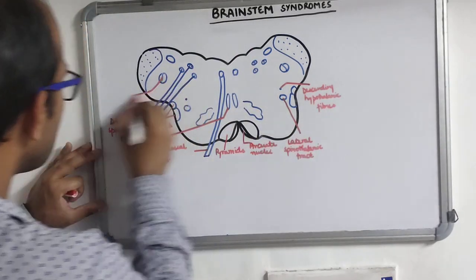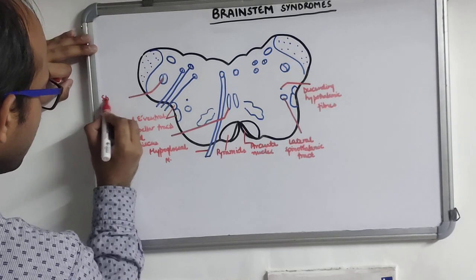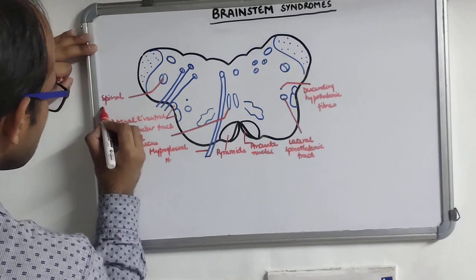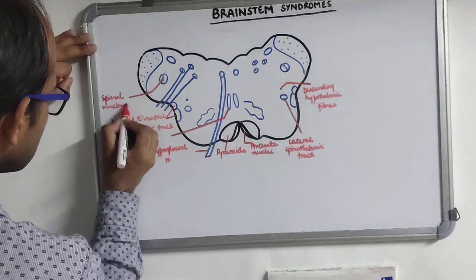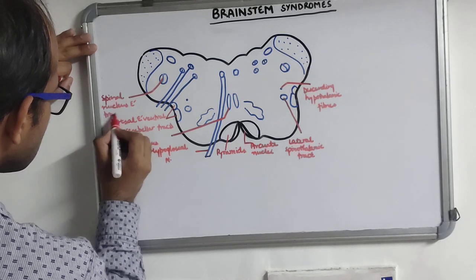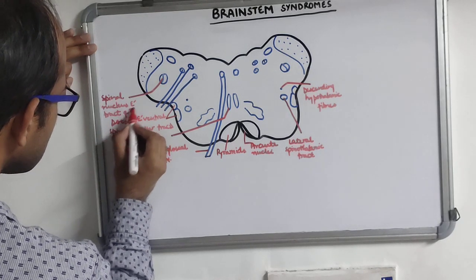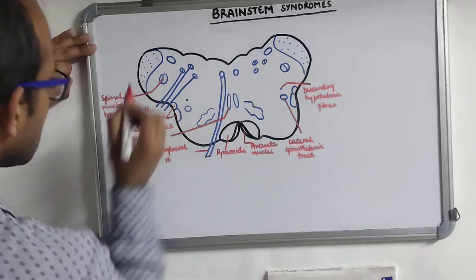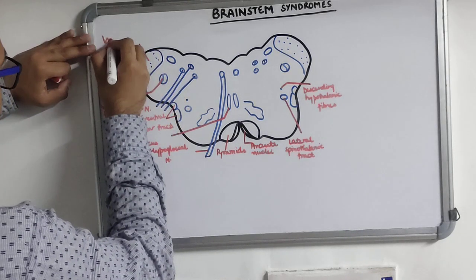This is the spinal nucleus and tract of trigeminal nerve. This is the inferior cerebellar peduncle.